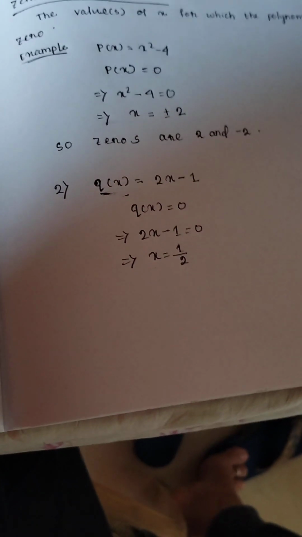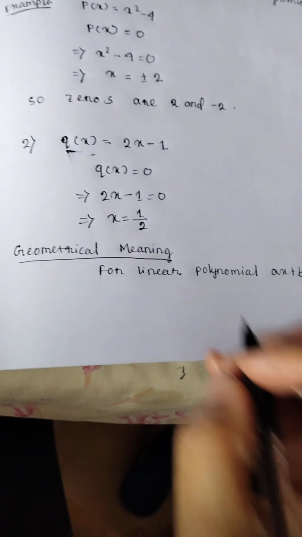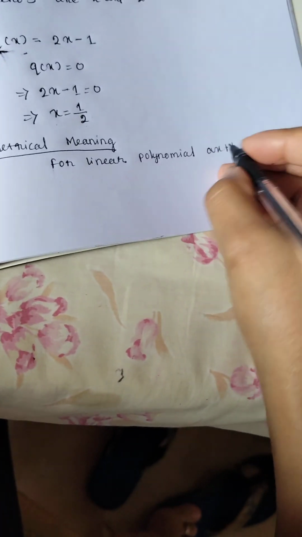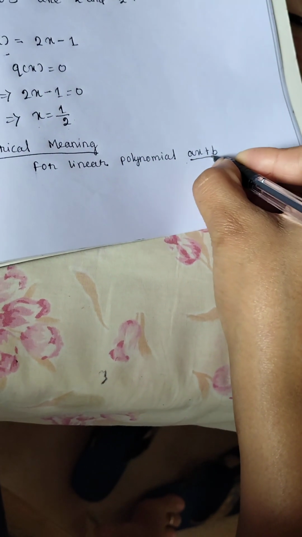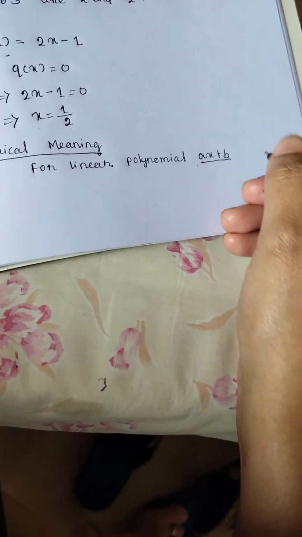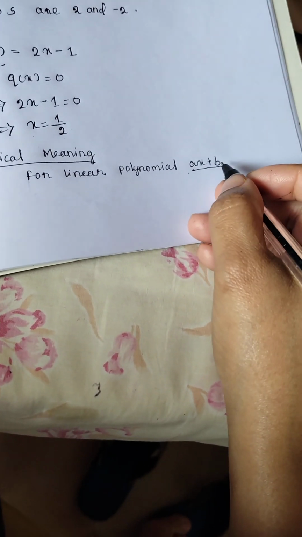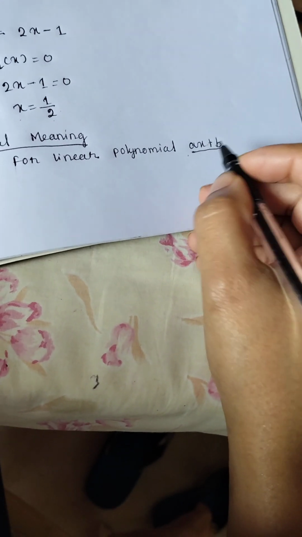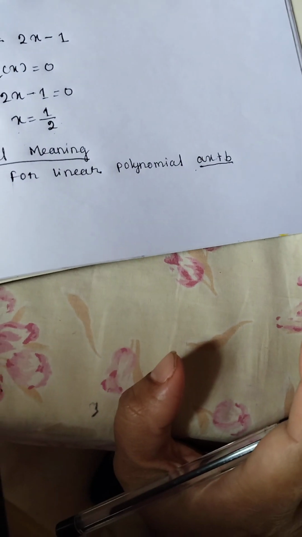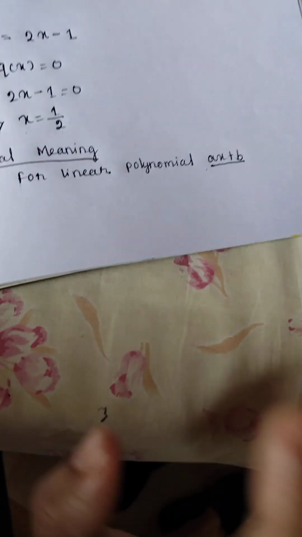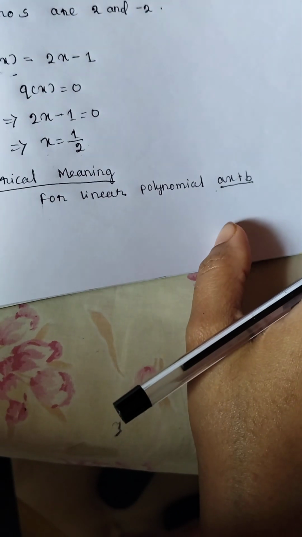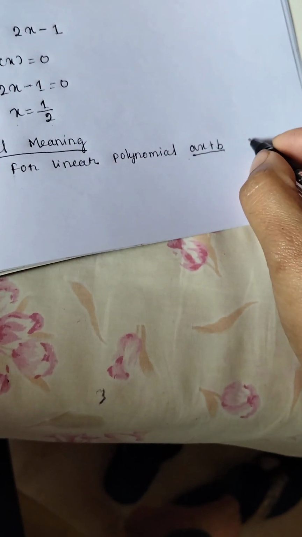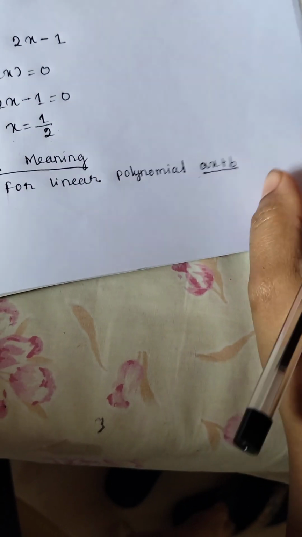Got it? Then comes the geometrical meaning of the polynomial. For a linear polynomial in general form ax plus b, the graph is a straight line. The x-intercept, where it cuts the x-axis, gives the zero of the polynomial.